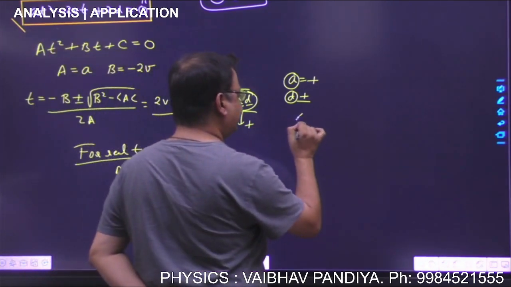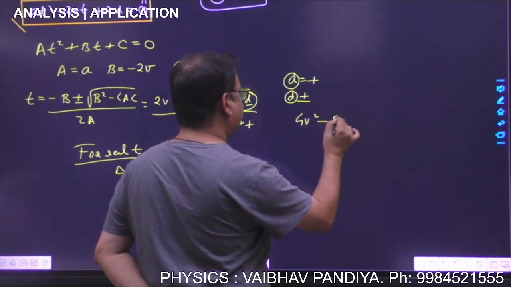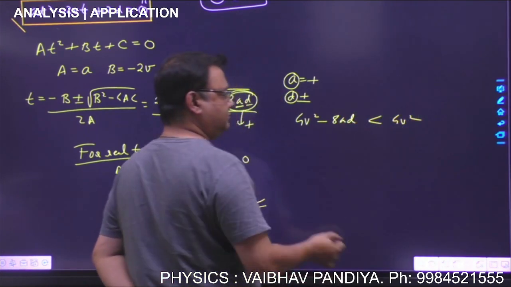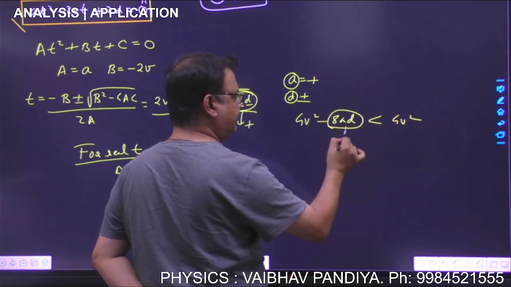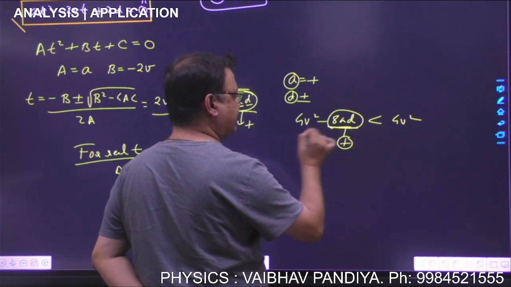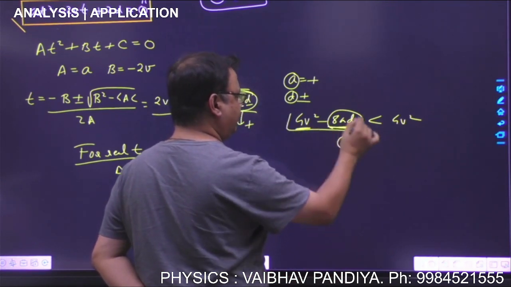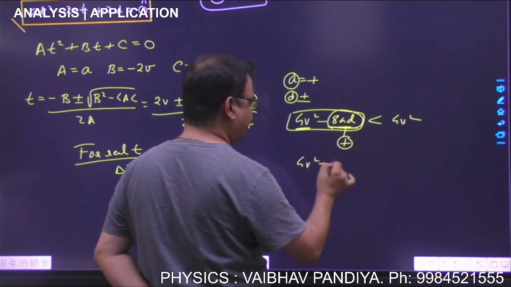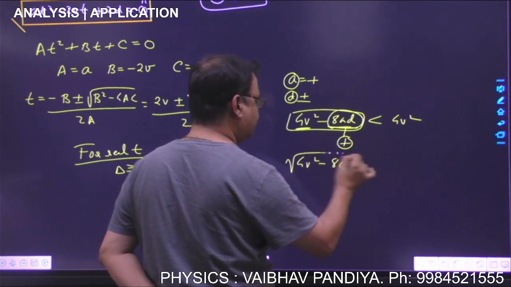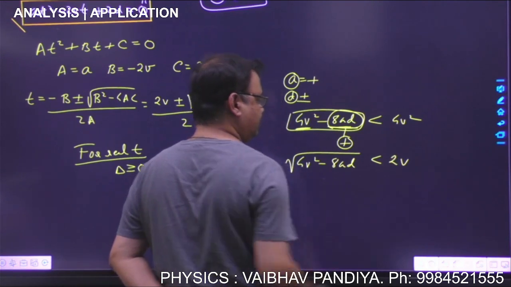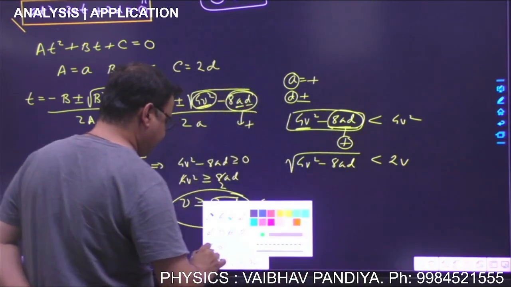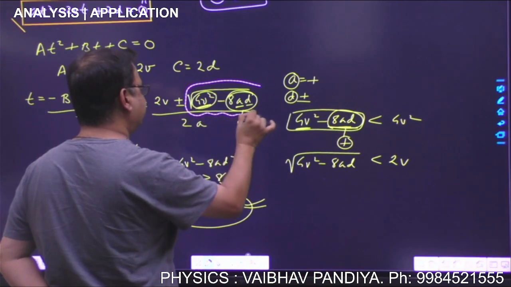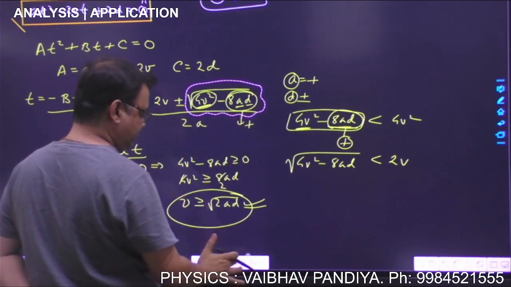So surely you can say 4v square minus 8ad will be less than 4v square. Now if you are taking the root, you will get root of 4v square minus 8ad will be less than 2v. Okay, so this quantity which is inside the radical is less than 2v.